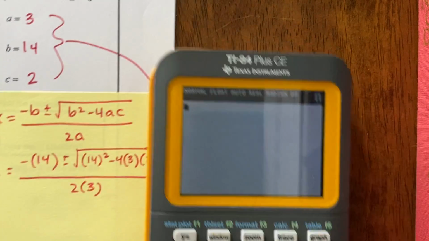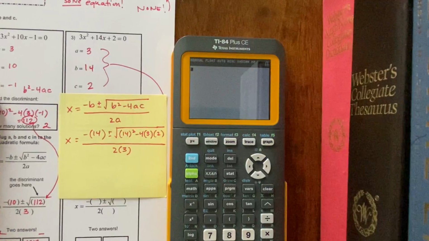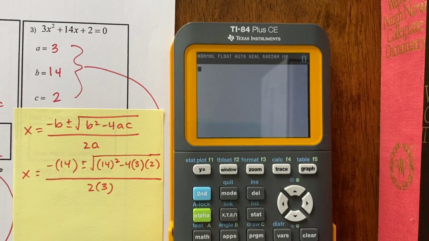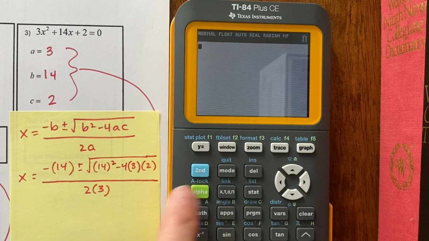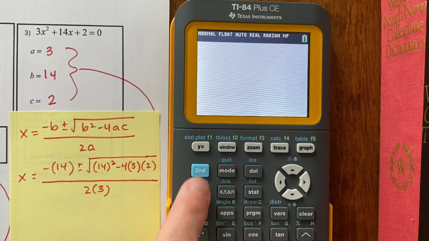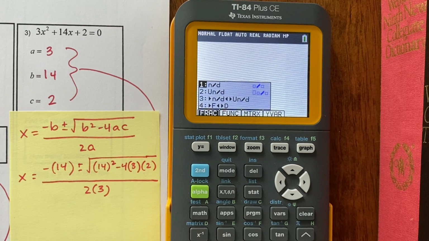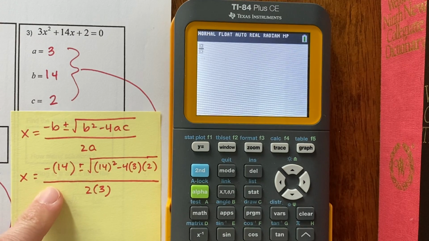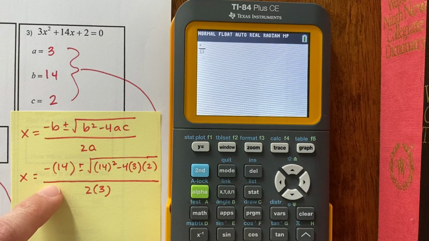Okay, so I am going to, once again, hit alpha y equals to pull up a fraction. I'm going to hit 1, or just enter, doesn't matter. And then I'm going to put this entire thing in here using the same exact sets of parentheses that I have, okay? So first negative, make sure that is negative, not minus, 14 in parentheses.